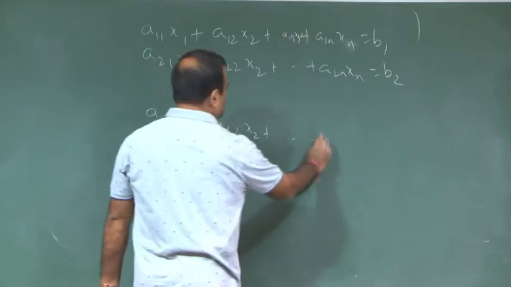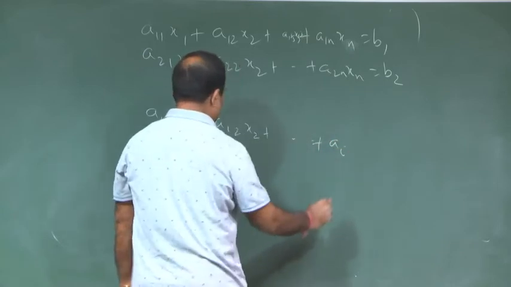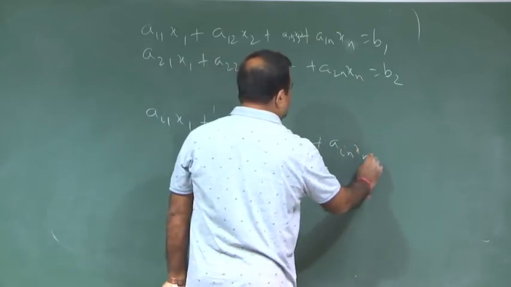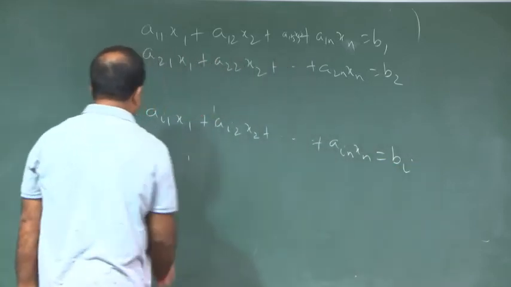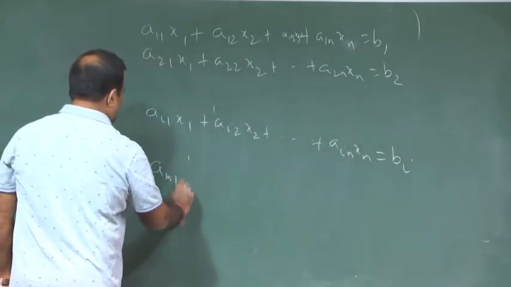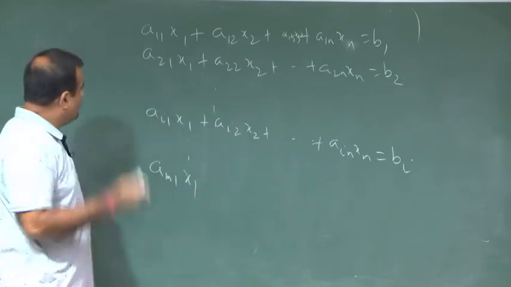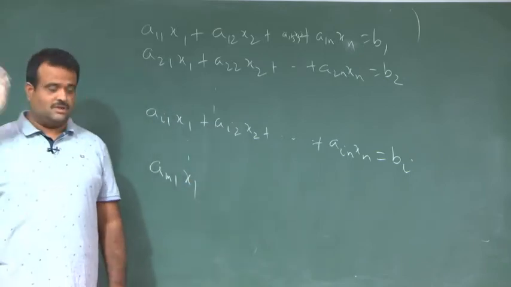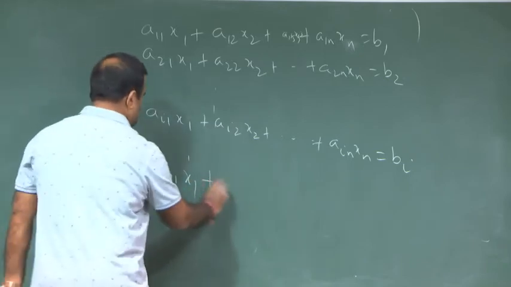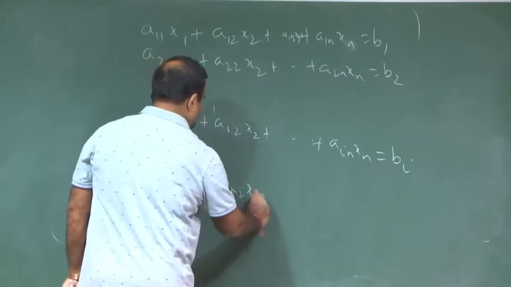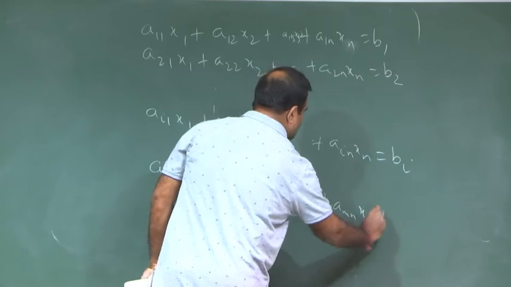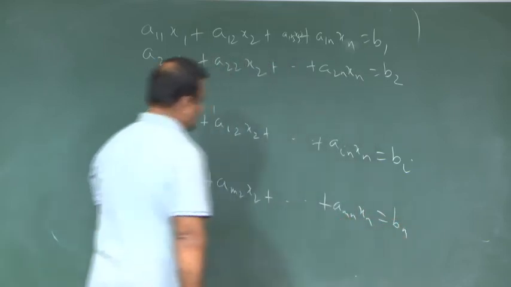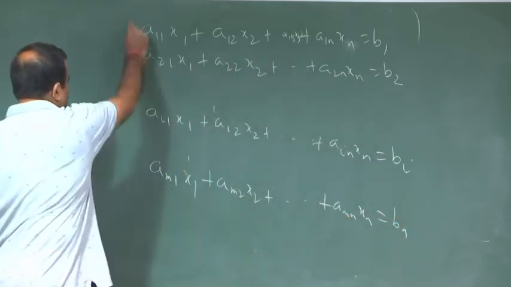Suppose there are m equations in the system, up to a_m1 x_1 + a_m2 x_2 + ... + a_mn x_n = b_m. This is called a system of equations.